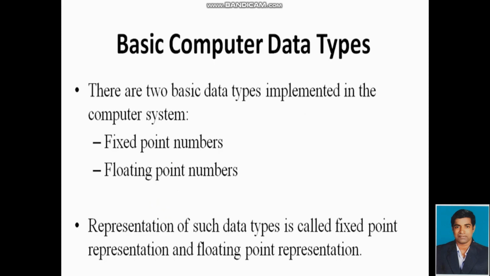Basic computer data types. There are two basic data types implemented in the computer system: fixed point numbers and floating point numbers. The representation of such data types is called fixed point representation and floating point representation.